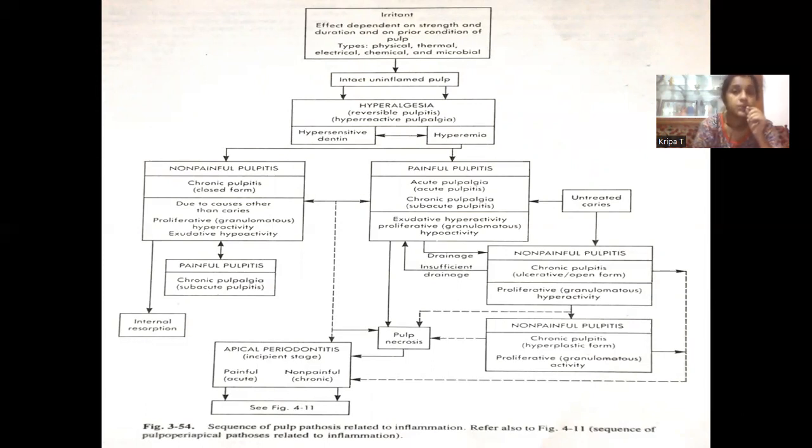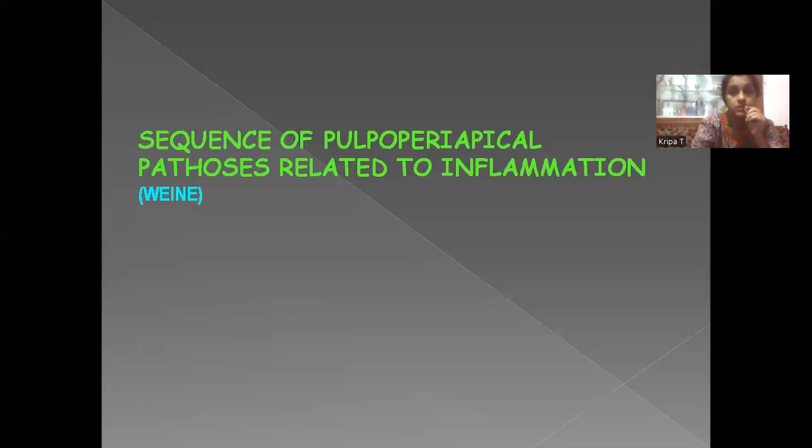Painful will be symptomatic. Non-painful means it is chronic, and that can change into an apical periodontitis or an internal resorption. Painful pulpitis, if untreated, can change into non-painful and then to a chronic situation. Sometimes it can go straight to necrosis and then to apical periodontitis. This is how the sequelae are.